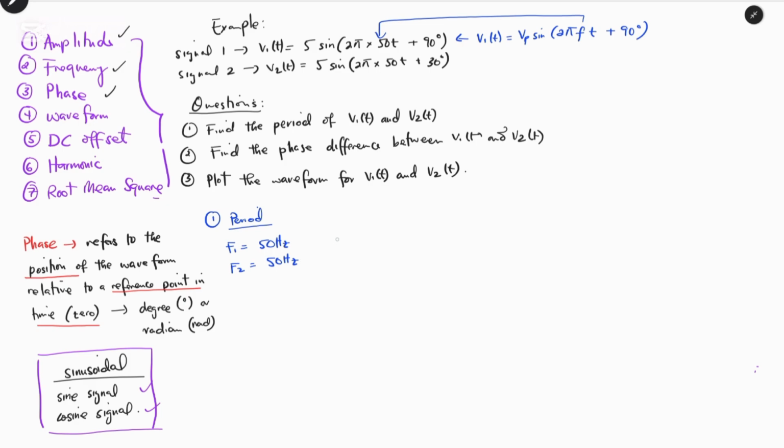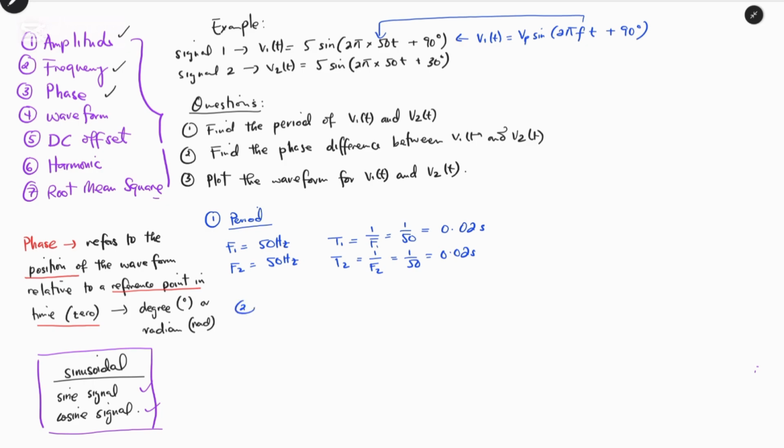The period for signal 1 is 1 over frequency 1, so 1 over 50 Hertz, which gives 0.02 seconds. For period 2, we have 1 over F2, also 1 over 50, which gives 0.02 seconds. This is the period for V1(t) and V2(t).